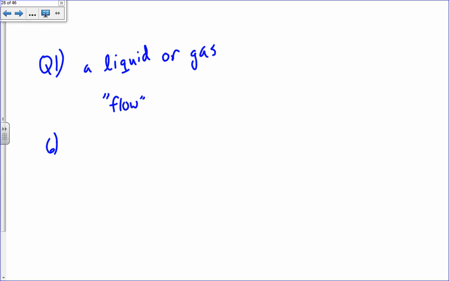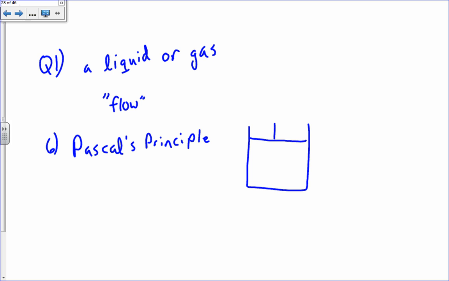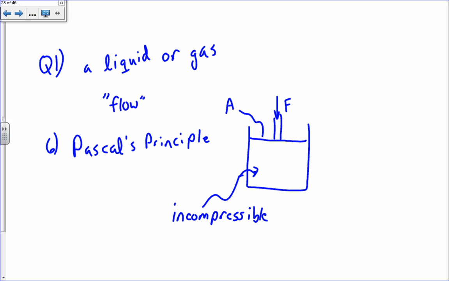Question 6. Name and state the principle upon which hydraulic systems are based. That's Pascal's principle. Pascal's principle just says that if I have a container and I apply a certain pressure to it, and there is an incompressible liquid inside, then if I apply a force over a certain area, that applies a certain pressure to that incompressible fluid, and that same pressure is felt throughout the container.